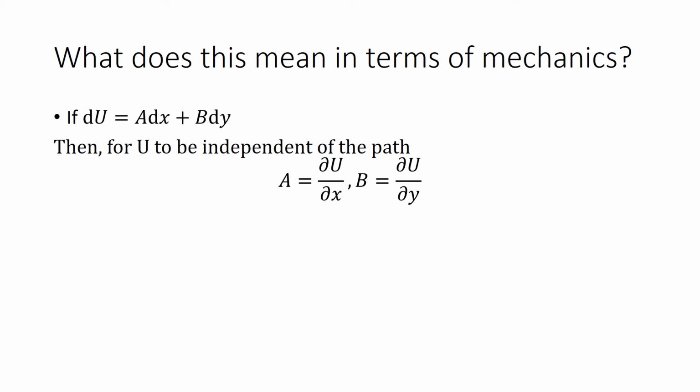So if I have the differential du equal to a dx plus b dy, for u to be independent of the path, a has to be equal to partial u by partial x, and b has to be equal to partial u by partial y.